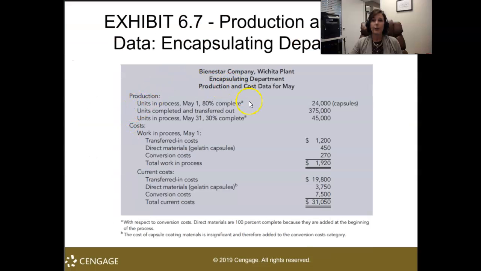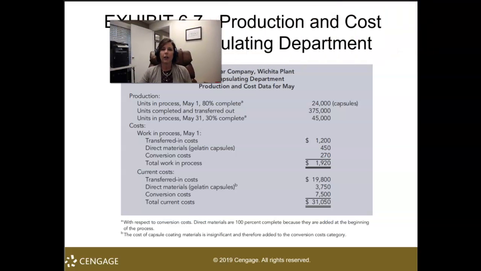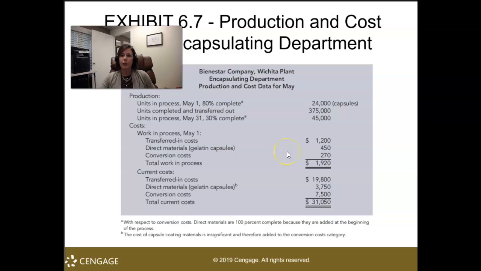We're going to use the data from the Binastar Encapsulating department to illustrate this point. I think I'm going to have to jump back to these, but just try to sear these numbers in your mind for a minute.